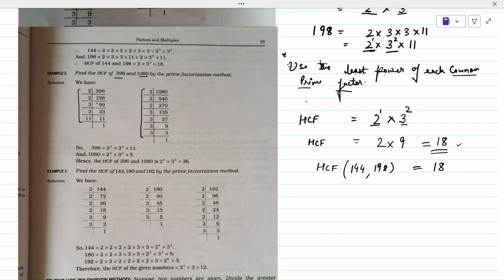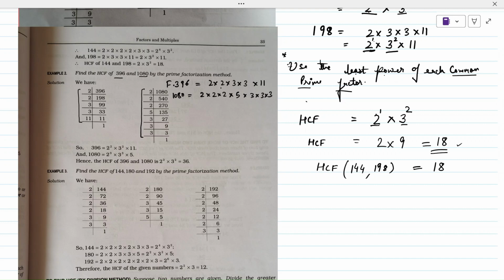Next, what they have done is expressed it one time only. But what you can do here is write down the factors of 396 as 2 multiplied by 2, 3 into 3 into 11, for your ease first. And then for 1080, we have 2 times 2 times 2, then 5 into 3 times 3 times 3.